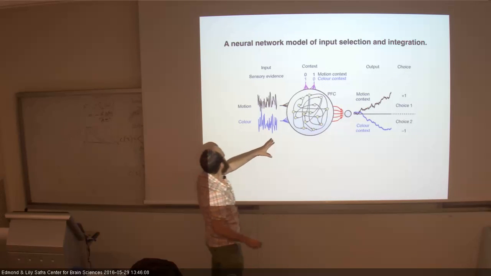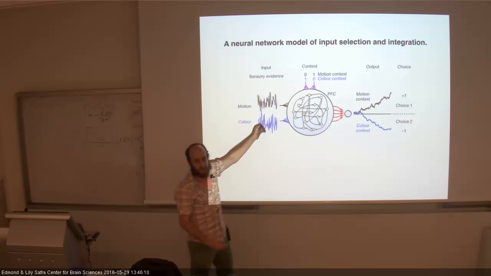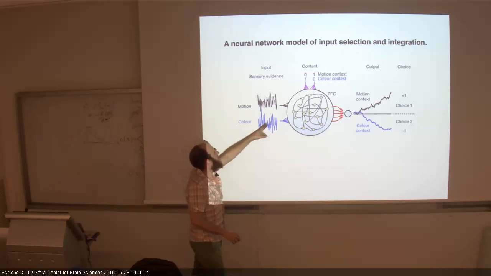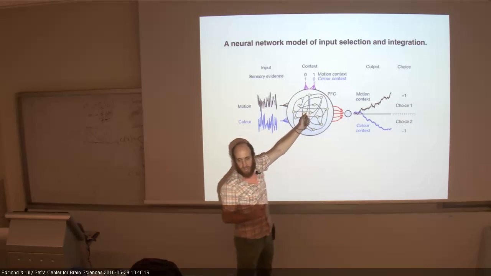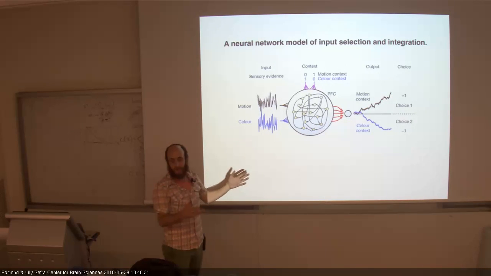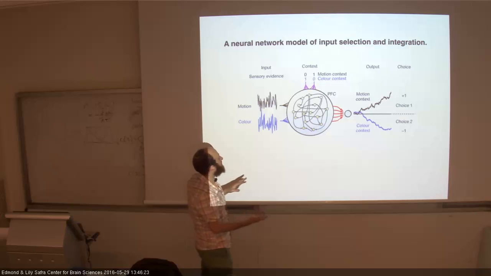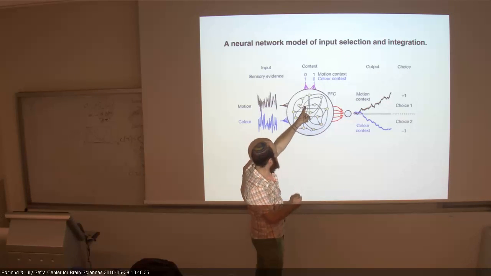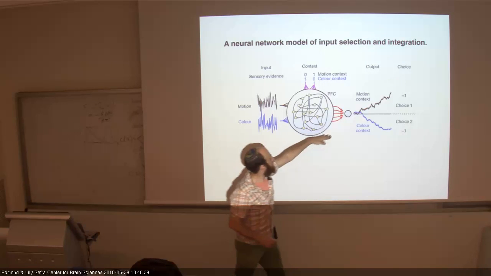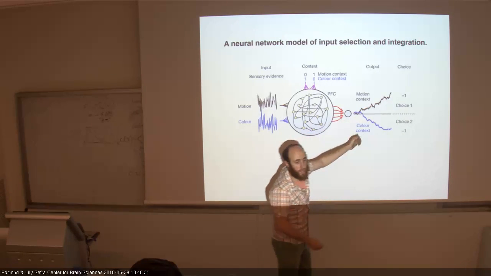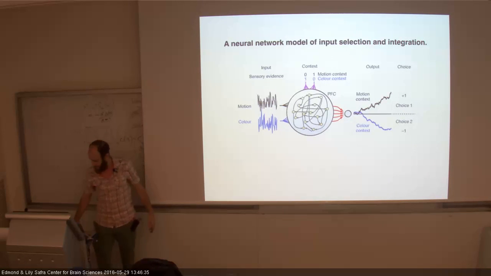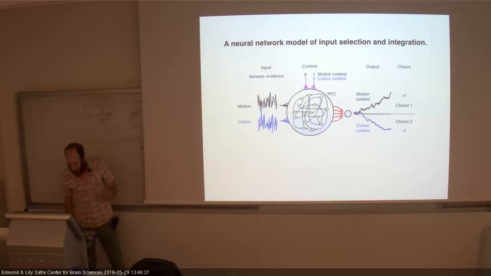So you have the chaotic network, you have an input that represents the sensory evidence, motion and color, and then another set of inputs that represent what context it's in, and you train the network to just do what it's supposed to do, to solve this task properly. Depending on the motion and the context, it should give a response going up to plus or minus 1, given the specific sensory input that came in.